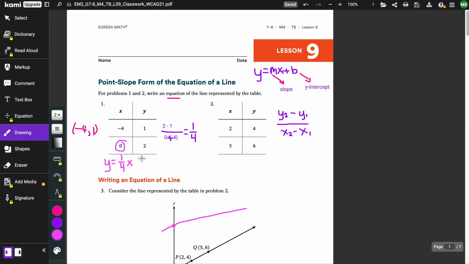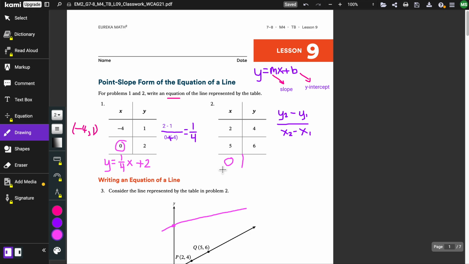So this table actually does give us the y-intercept already. Table number 2 does not give you the y-intercept. So once you figure out the slope, you can figure out, okay, when x is 0, what is y?